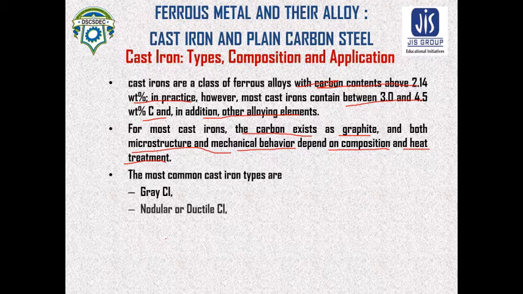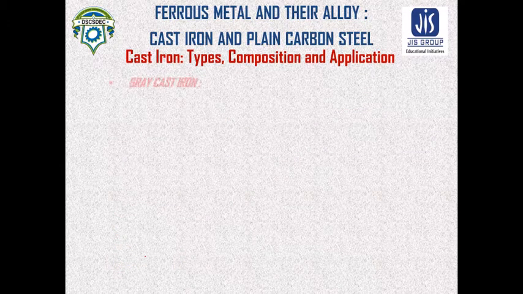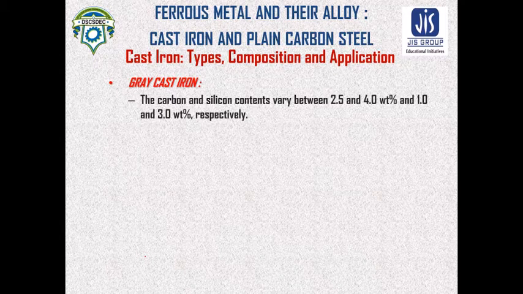Now, the most common types of cast irons are grey cast iron, nodular cast iron, white cast iron, malleable cast iron, and compacted graphite cast iron. Now see grey cast iron. In grey cast iron, the carbon percentage will vary between 2.5 to 4% by weight, and there is another alloying element, which is silicon.